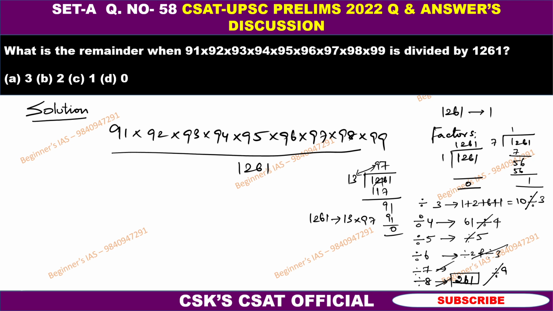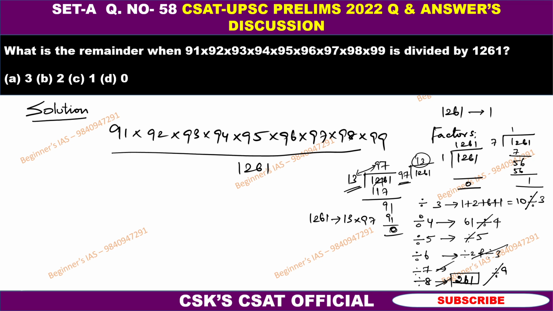Vice versa, if 13 divides it giving remainder 0, then 97 is the quotient. The same thing happens when you divide this number by 97: surely the quotient is 13. So now the factors are 13 as well as 97.